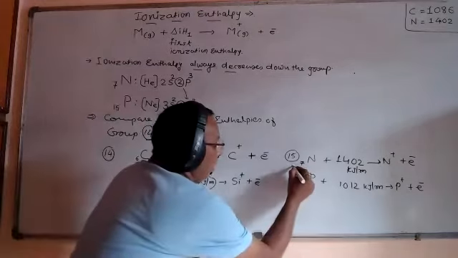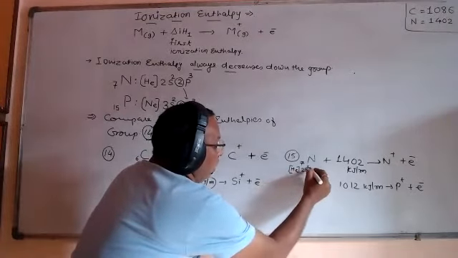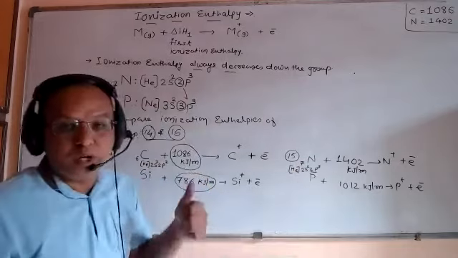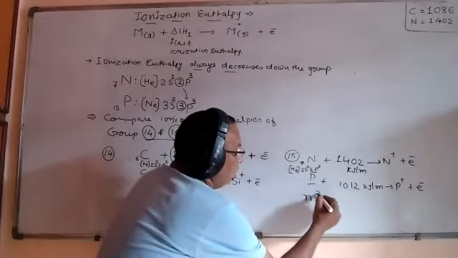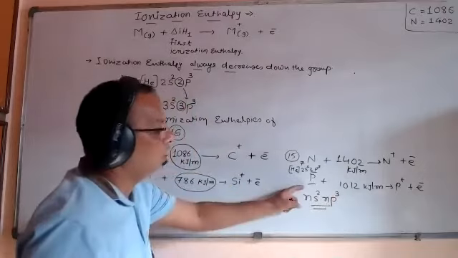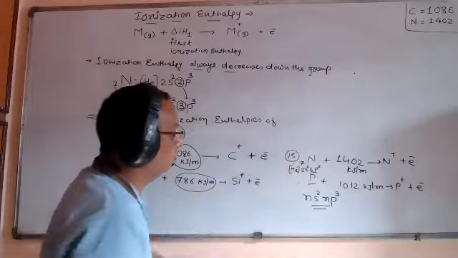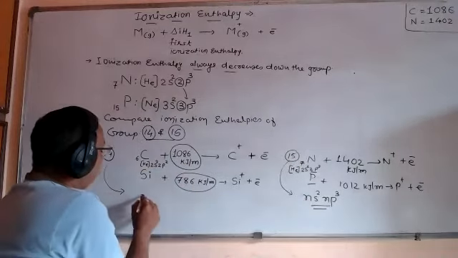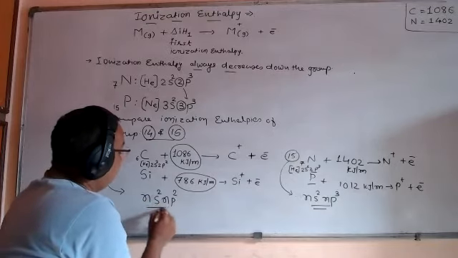And in nitrogen it's once again helium 2s2 2p3. The most important term you have to remember is that in phosphorus it is 3s2 3p3. This is 2s2 2p3. So common in group number 15 is ns2 np3, and common in group number 14 is ns2 np2.